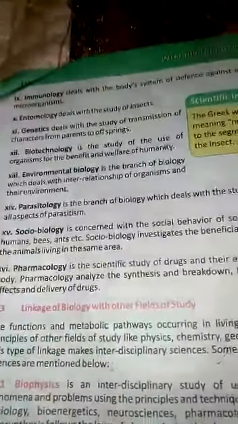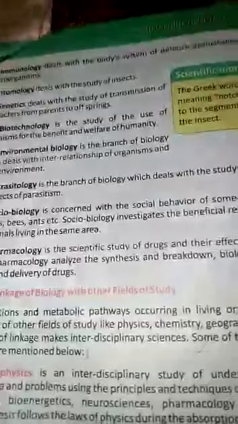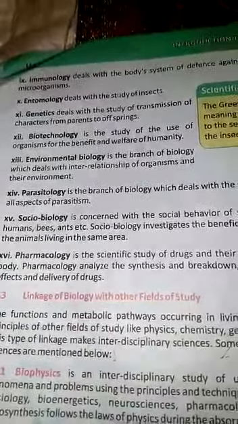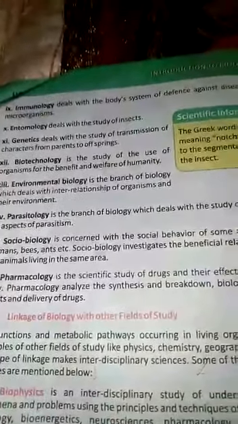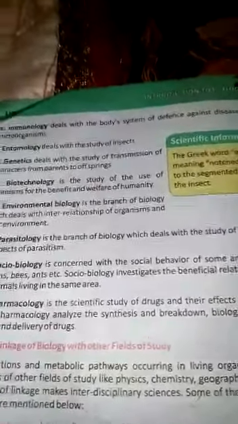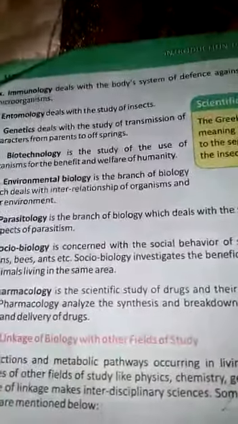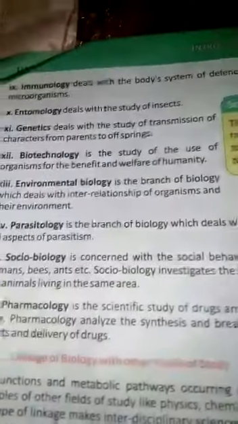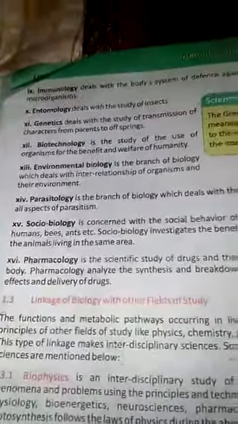Parasitology, as the name indicates, it's the branch of biology which deals with the study of parasites and all aspects of parasitism. For example, there is an organism and it lives inside another organism and it takes all the help from that organism. Such a relationship is studied in parasitology.